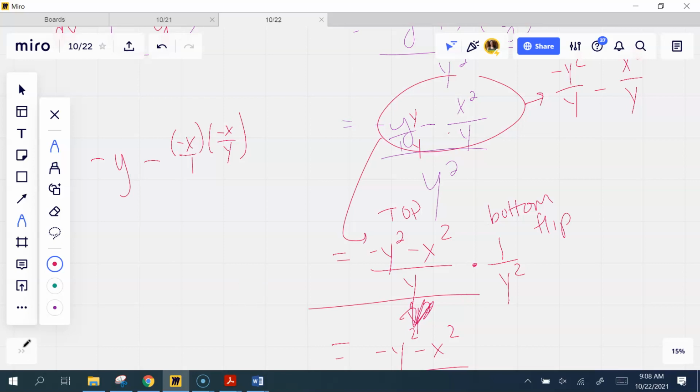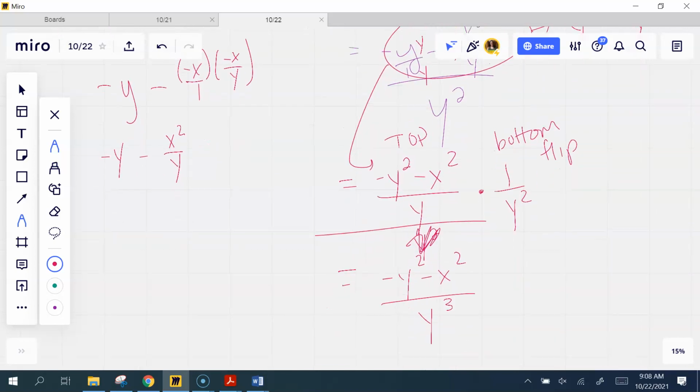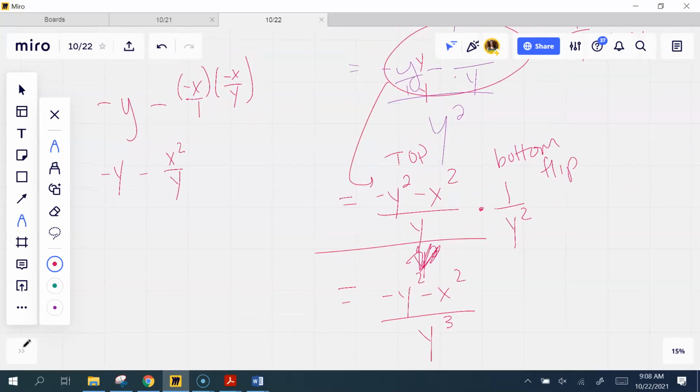If you multiply the x and the x over y, you get x squared over y. I just did top times top and bottom times bottom. That's the denominator here. Let me write that out for you. And then I just forced common denominators.